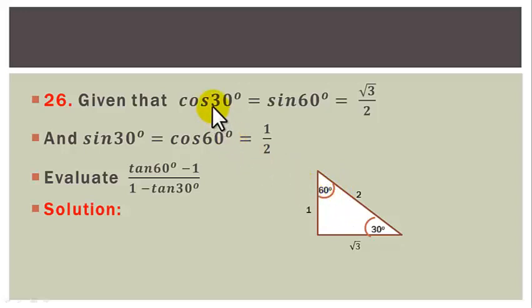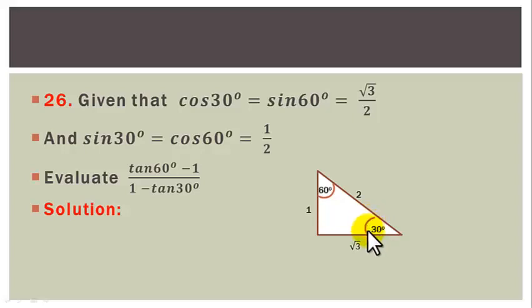Cos 30 is equal to sin 60 is equal to root 3 over 2. Okay, let us look at sin 60. Sin 60 is opposite over hypotenuse. The side opposite angle 60 here is this side. So this is root 3. And this is the hypotenuse side, which is equal to 2.